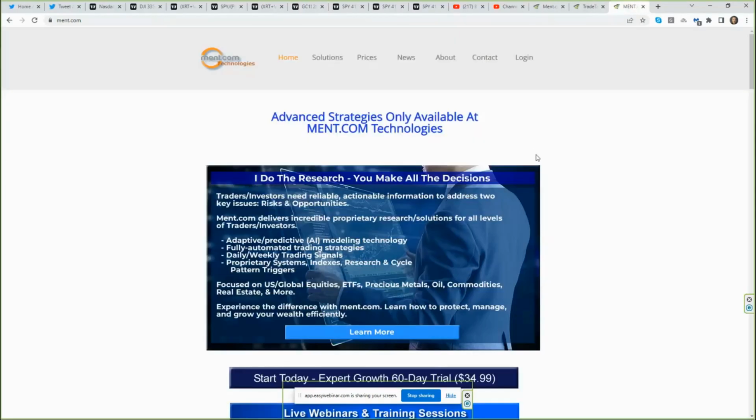So my research, I've been doing proprietary research for over 30 years. I've been building trading systems for over 30 years. I've been developing code for over 35 years. I specialize in adaptive modeling and predictive modeling software and automated trading systems. The reality is, ladies and gentlemen, I have a wealth of information that helps me identify what's going on in the markets and to see how things are trading.